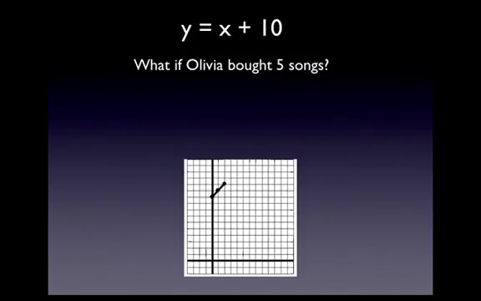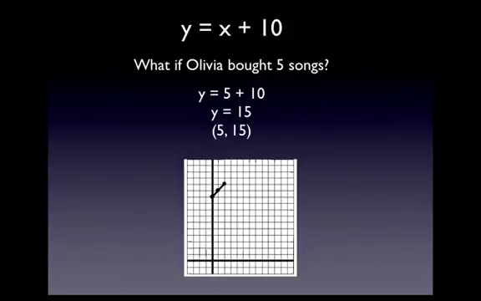So let's take a look at that. If y is equal to x plus 10 and Olivia bought 5 songs, 5 is equal to x. So we're going to replace that x with a 5, so we have y equals 5 plus 10. So therefore, our y is equal to 15, and our coordinates become 5, 15.